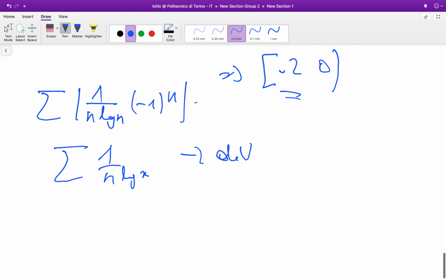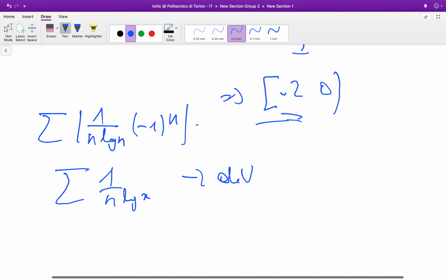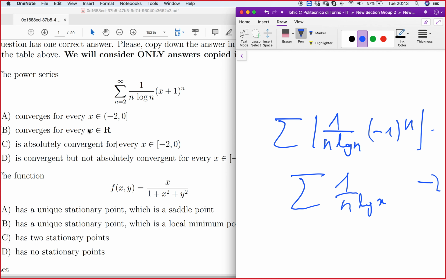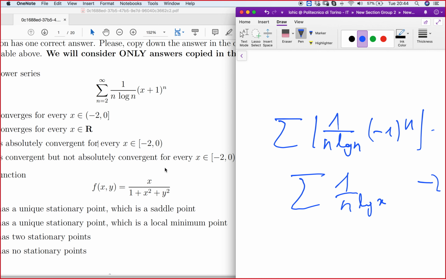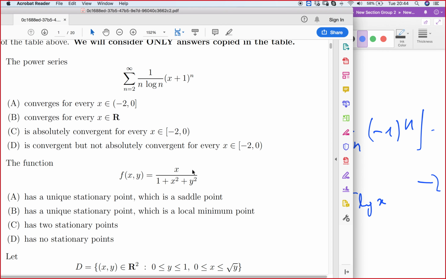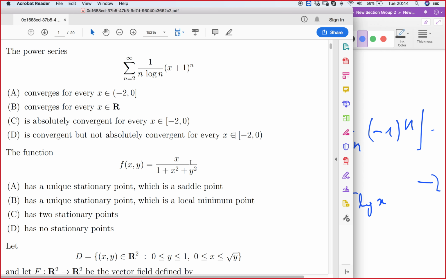We saw it before, right? So the series converges in this interval, but not absolutely, because of the point -2. So going back, it is convergent but not absolutely convergent for every x in this interval. Do you have any questions?